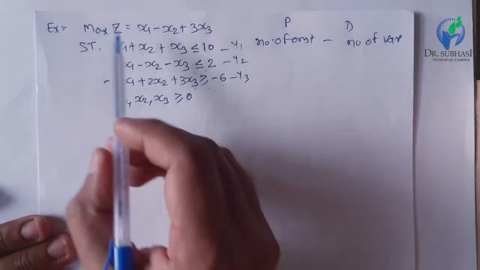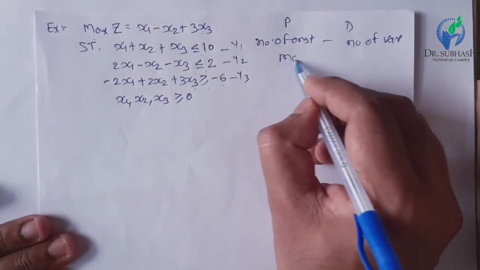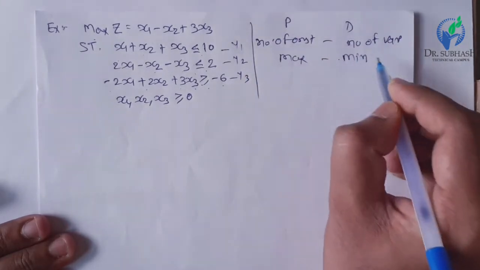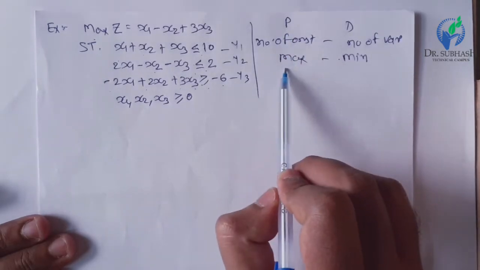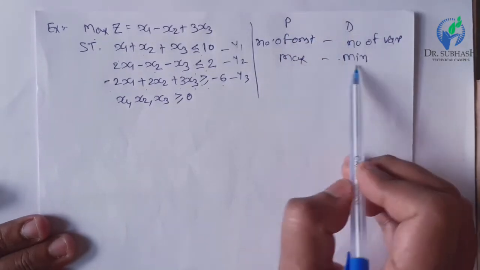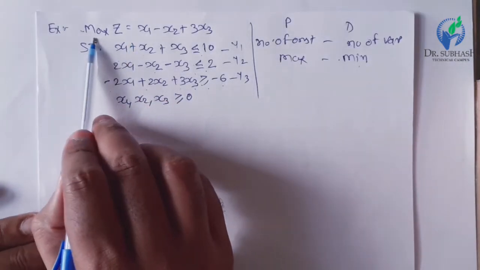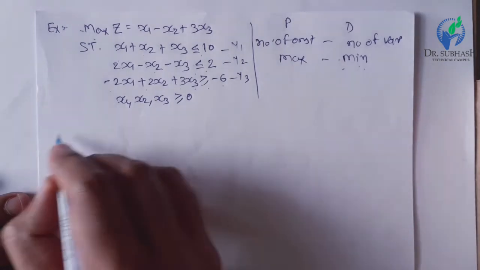Now, if the objective function is maximization type in the primal, the dual objective function will be minimization, and vice versa: if the problem in the primal is given as minimization, then in the dual it will be a maximization case. So here the maximization of z will be a minimization case in the dual problem.